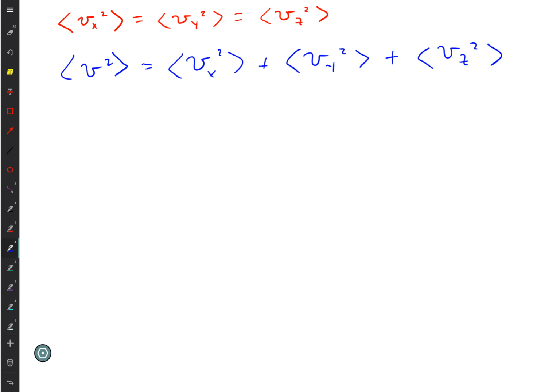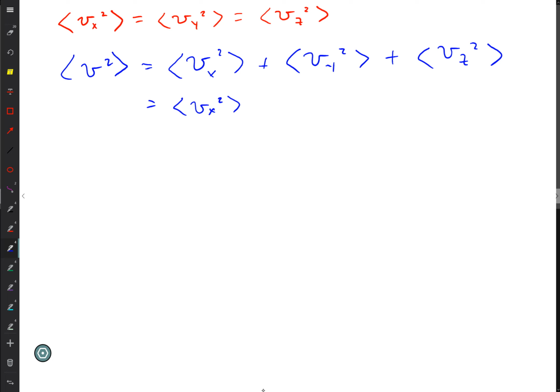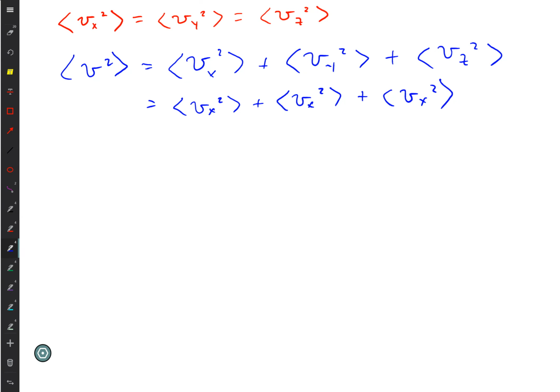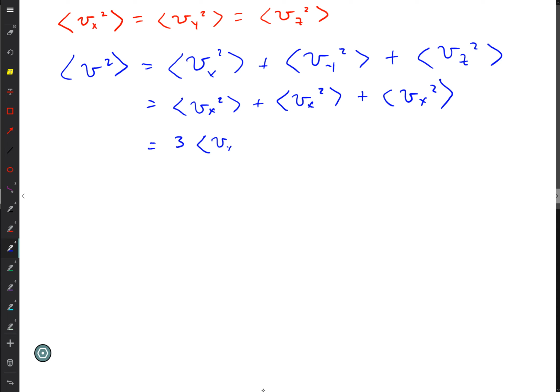And so combining these two equations, using the red one to substitute, notice in the lower line I replaced Vy squared average with Vx squared average, and Vz squared average with Vx squared average, so that that's simply equal to 3 Vx squared average.